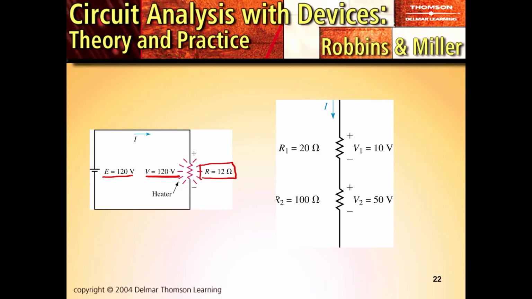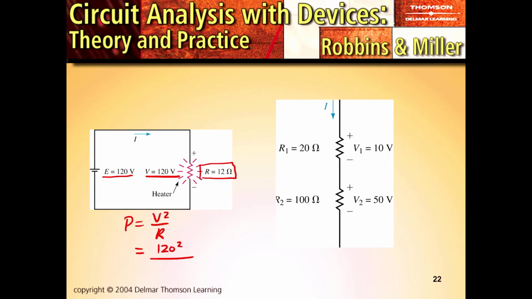So we could determine P in any number of ways here. Based on the fact we don't have a value of I, we could just use our voltage and our resistance, and that would be P equals V squared over R. Our V value is 120 squared.